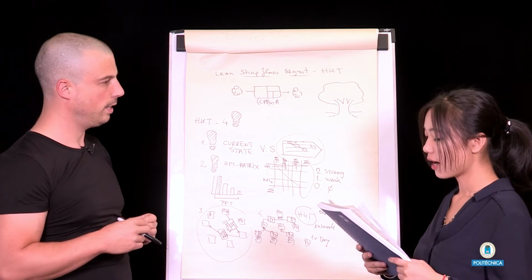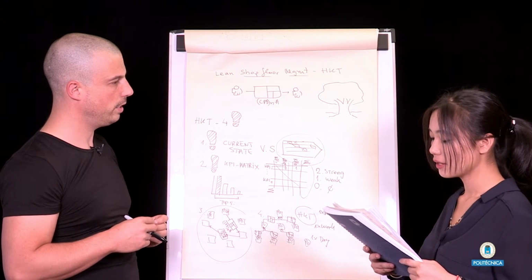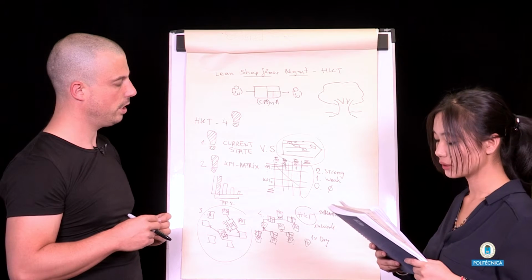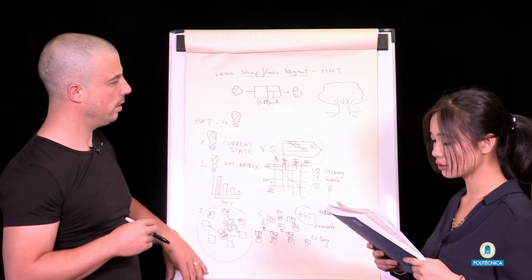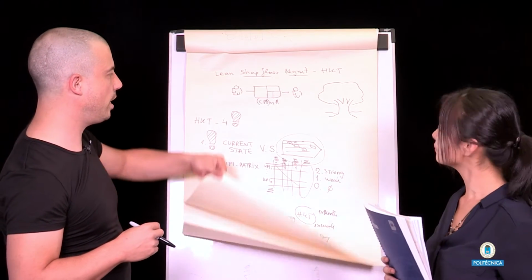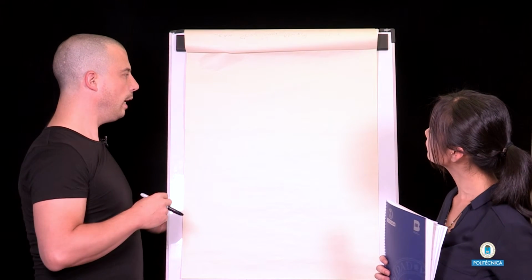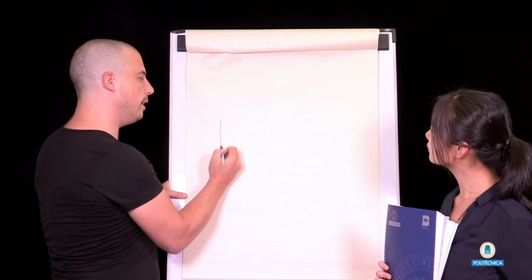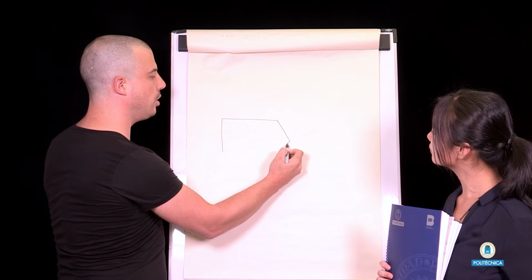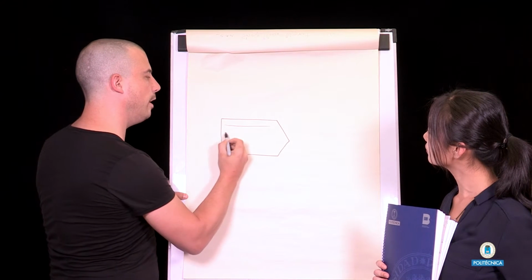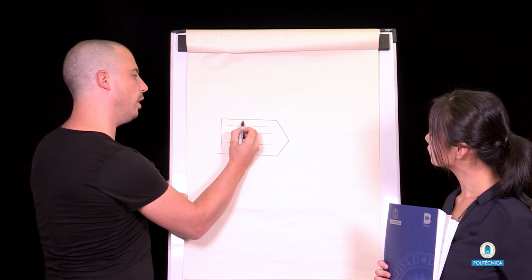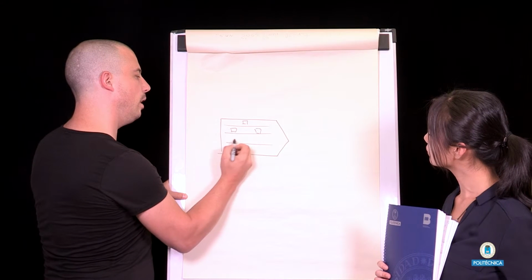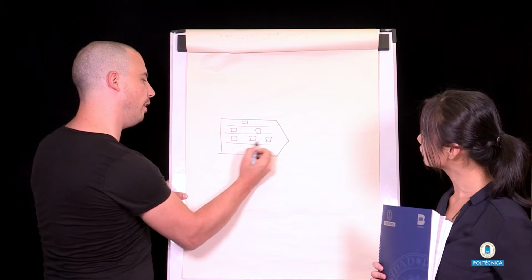Okay. How does the HOSHIN KANRI tree fit in a strategic HOSHIN KANRI organizational context? Well, that's an interesting question. Once we have created the HOSHIN KANRI tree, let's say we have different organizational levels that interchange information.